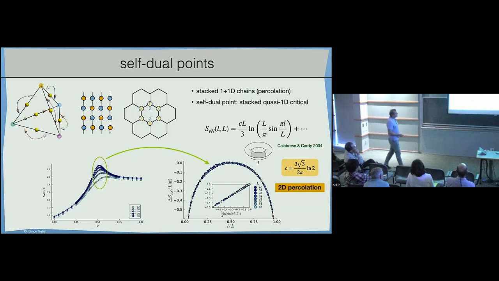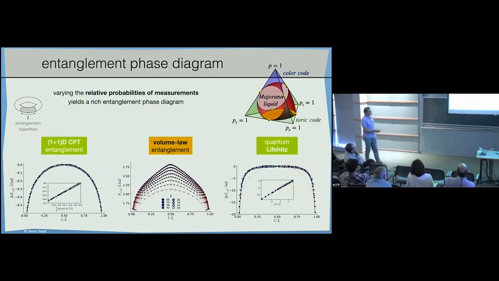Good. So these are these self-dual points at certain locations in our phase diagram, connecting the different code spaces with one another. So these topological phases. And now if you go to the rest of the phase diagram, we will see all kinds of different entanglement structures. So very rich.